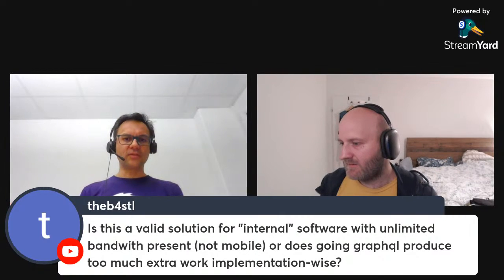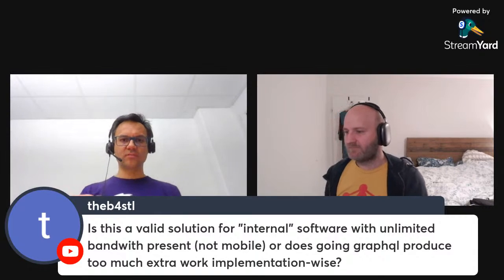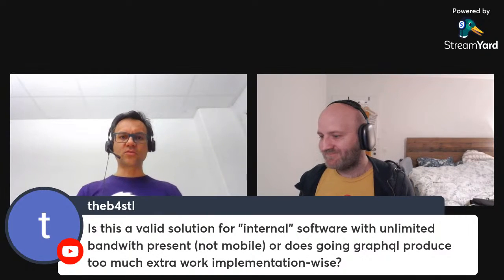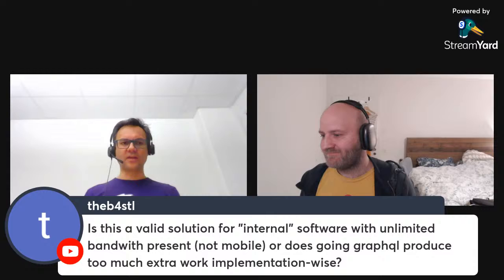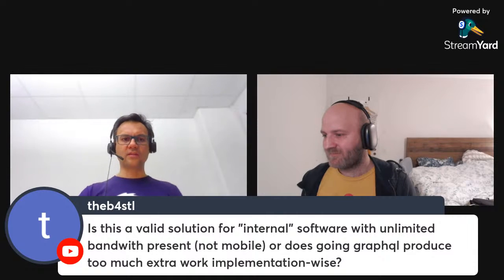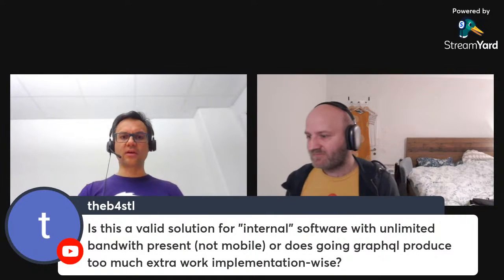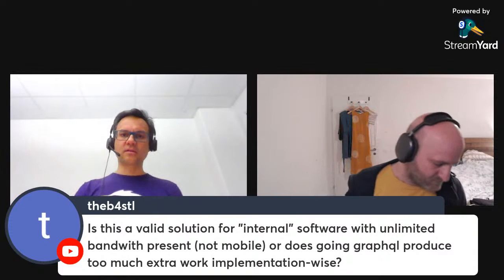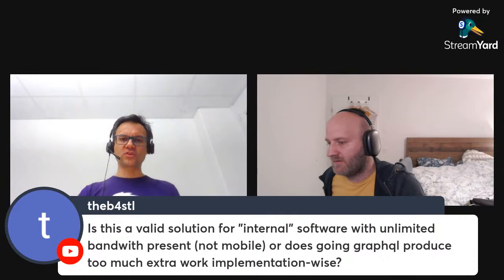Writing a controller in .NET for a REST API looks more cumbersome than writing a GraphQL endpoint, if you have this standard situation of going to an Entity Framework database and fetching the data, or some business logic in between, very nicely. But there is learning new technology and so on. So there is some extra work implementation-wise for this internal software, not facing a large public. Do you see GraphQL as a first choice, or in which situations?